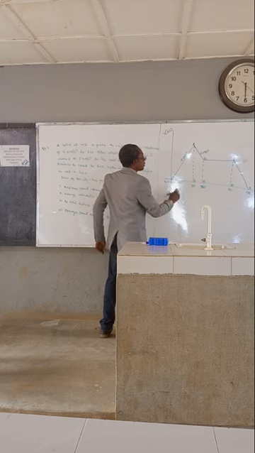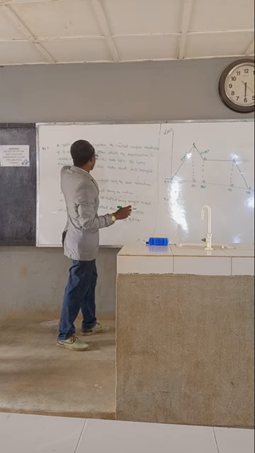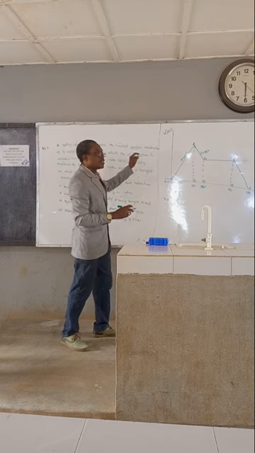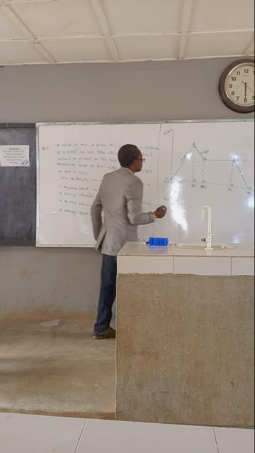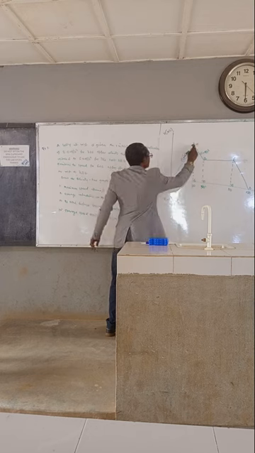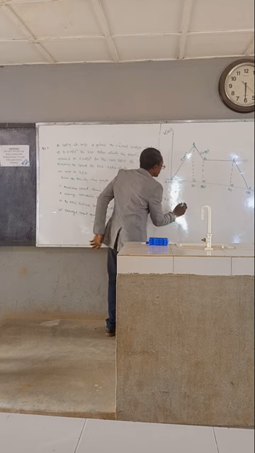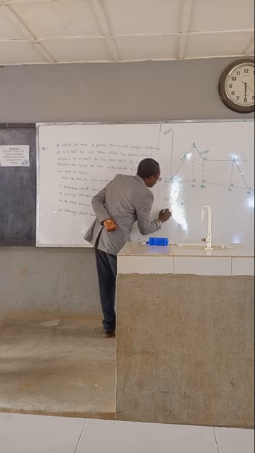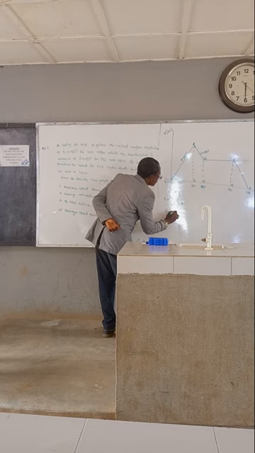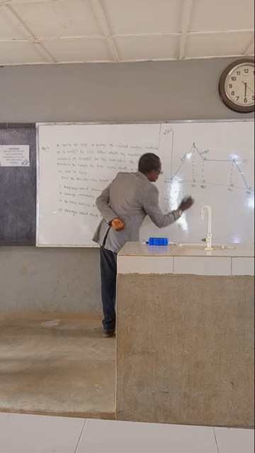The initial velocity from the question: the body starts from rest, so u is already zero, and t in the first instance is 30 seconds. So I will now have v minus u is equal to a times t.